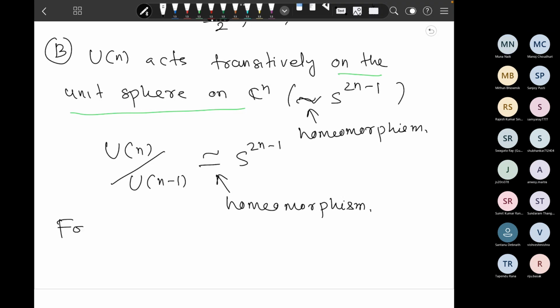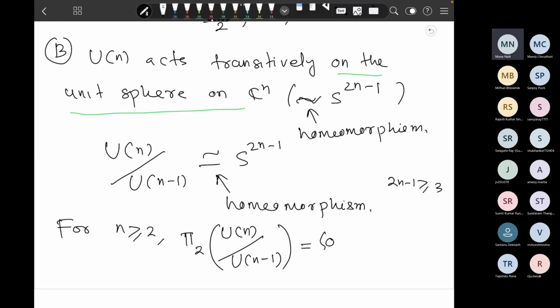Now for n greater than or equal to 2, this 2n-1 is really greater than or equal to 3. That means pi_2 of U(n)/U(n-1) is equal to 0, which is equal to pi_1 of U(n)/U(n-1).